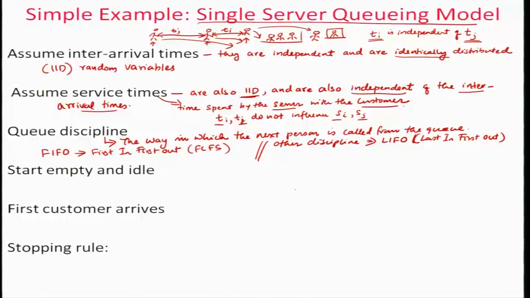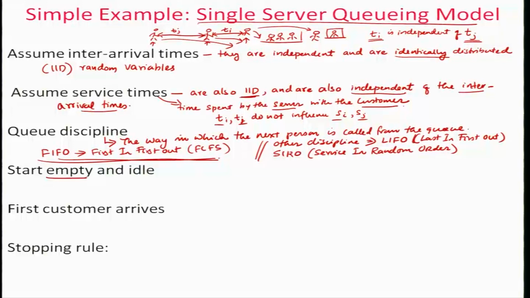Then there is another called SIRO, service in random order. Then there are HVF, LVF, and quite a lot of other queue disciplines. I just gave 2 examples, but for this example we are looking at FIFO as the queue discipline.